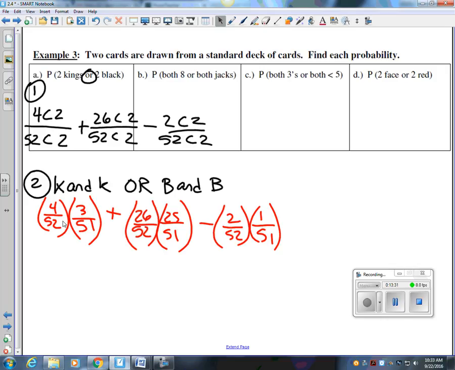Anybody got it? Good. Is that around the same point if you do 28C2 or 52C2?